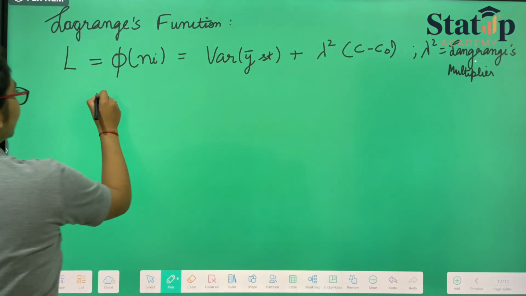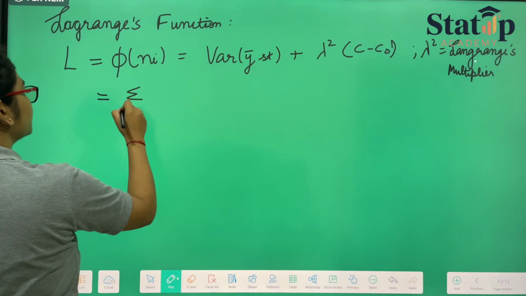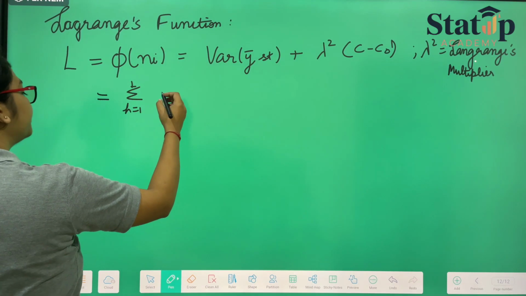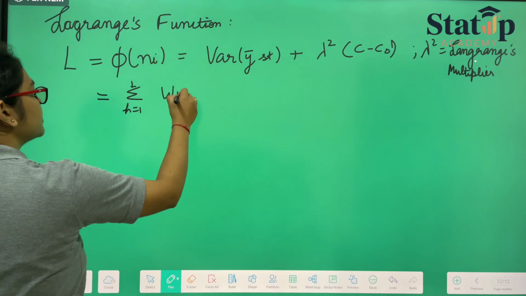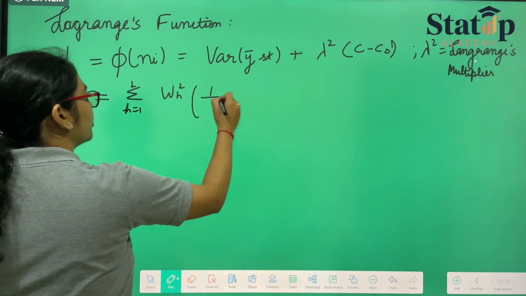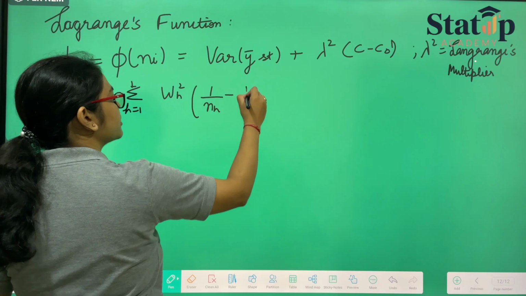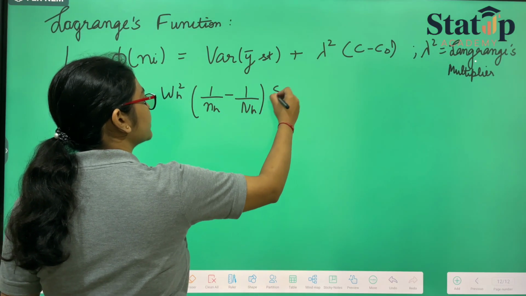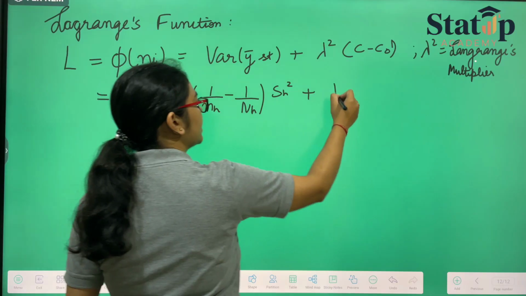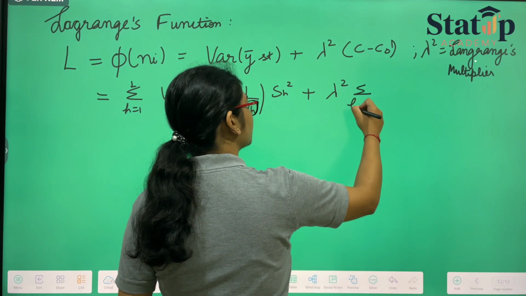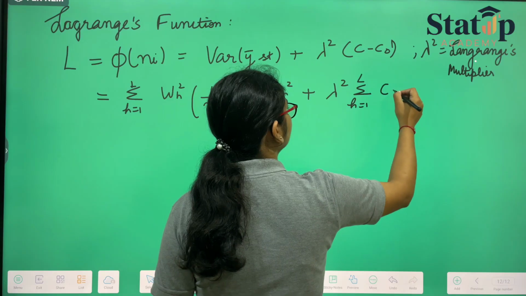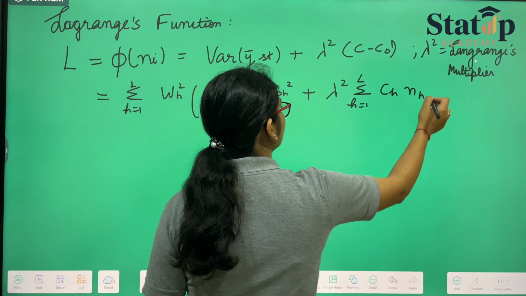So variance of y bar st is summation h goes from 1 to L, Wh square into 1 upon nh minus 1 upon capital Nh into Sh square plus lambda square summation h goes from 1 to L, this is Ch and small nh.